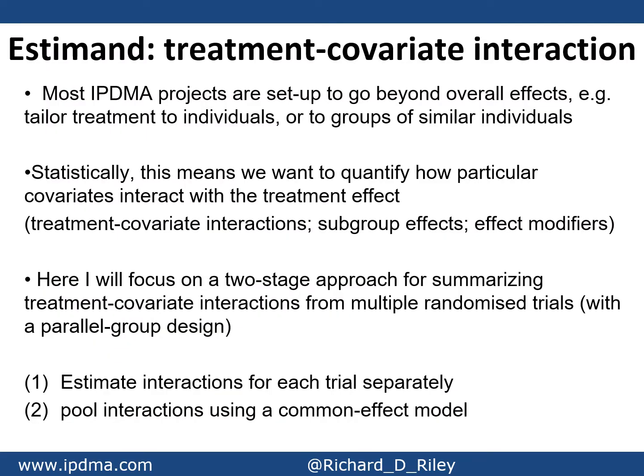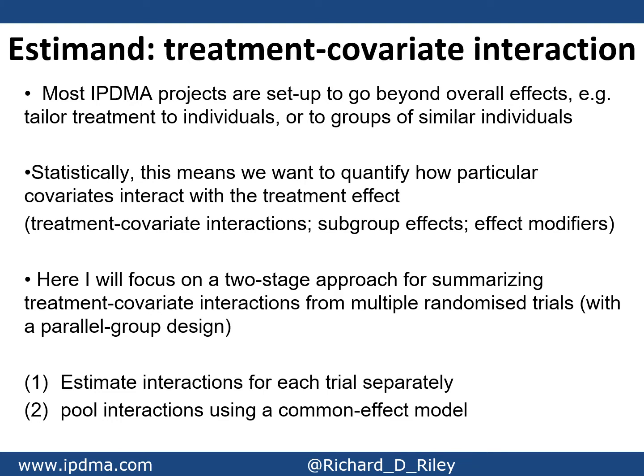So going back to the interaction issue. Interactions are where, if we focus on a randomized trial, we want to go beyond the overall treatment effect and say, well, do treatment effects differ for certain individuals compared to others?